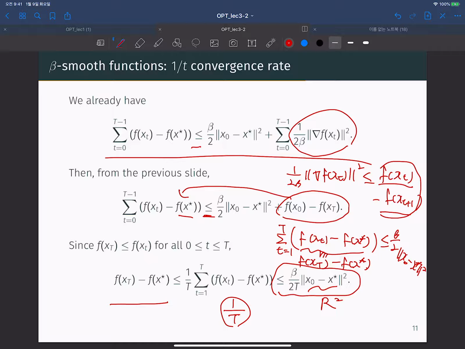Here, when we have the beta smooth property and when we know beta, we can set the step size or learning rate to 1/beta.